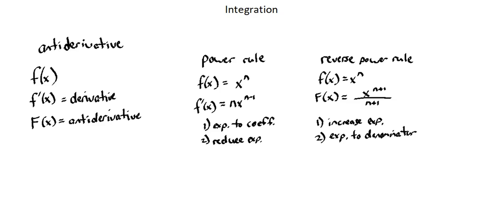Now let's work through an actual example. In the example, I'm going to start with a function. I'll differentiate, and then I'll antidifferentiate. The idea of antidifferentiation, differentiation in reverse, should get us back to where we started.